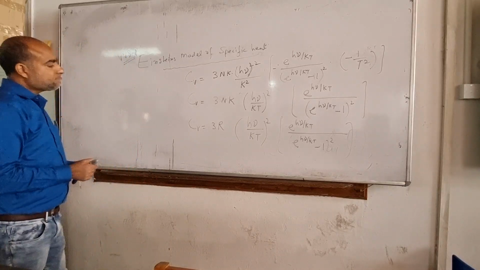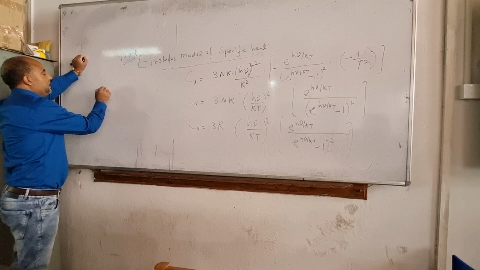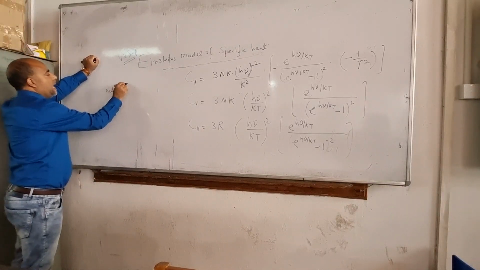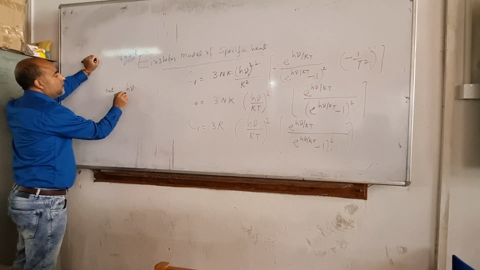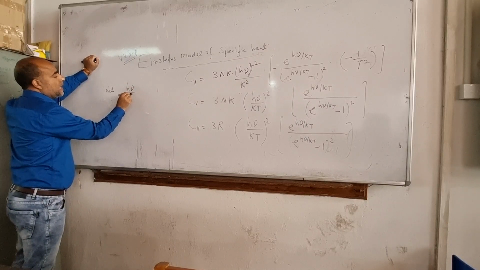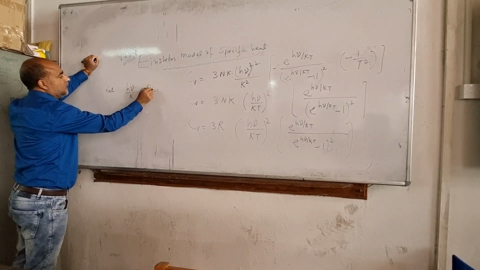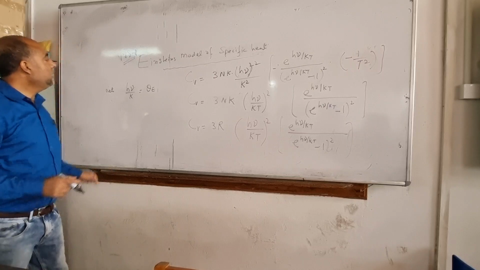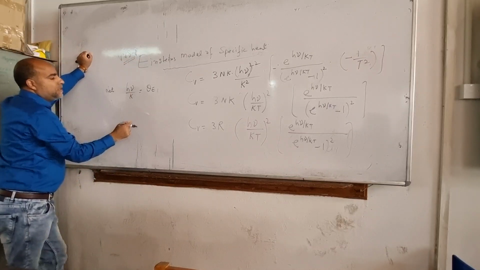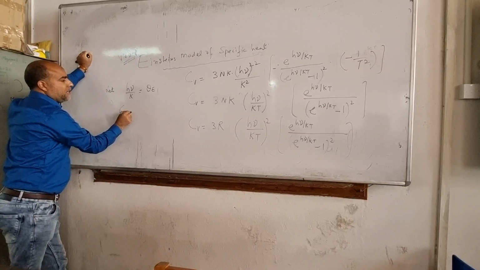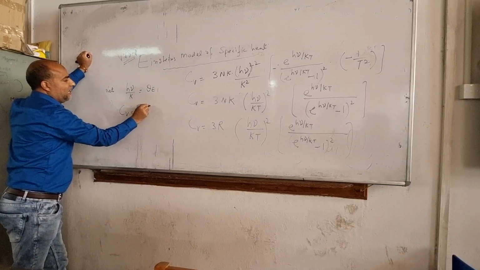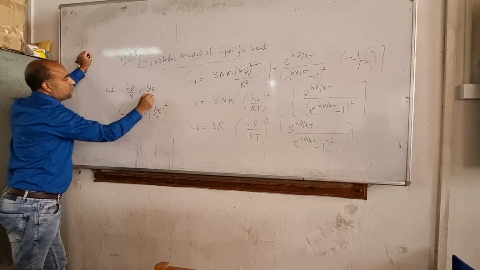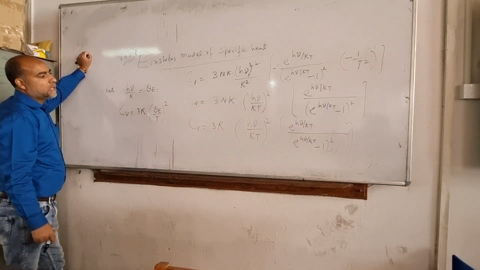Now, we are taking into supposition that h nu by k is equal to theta e. So you will be having Cv is equal to 3r, theta e by t whole square. Okay?